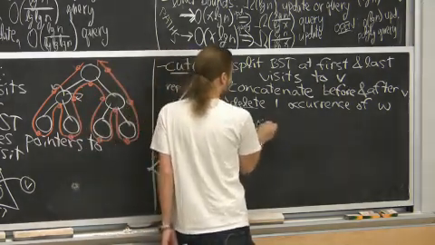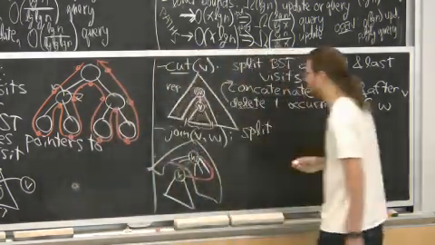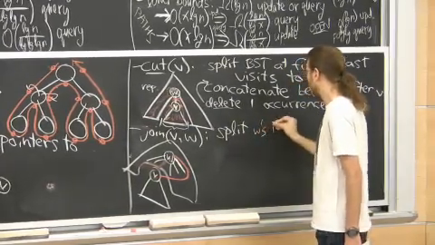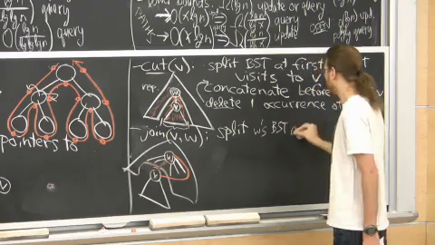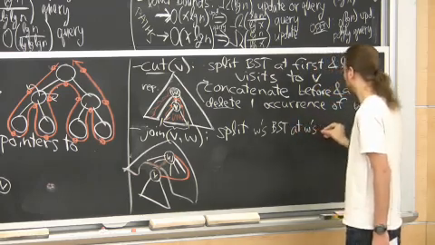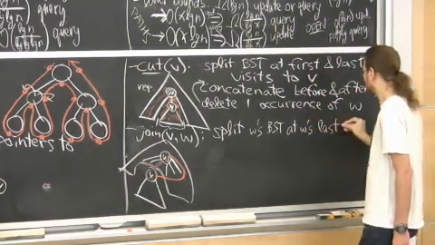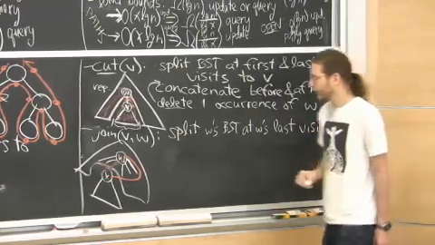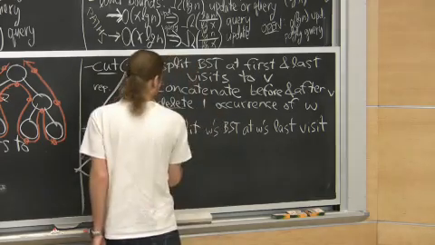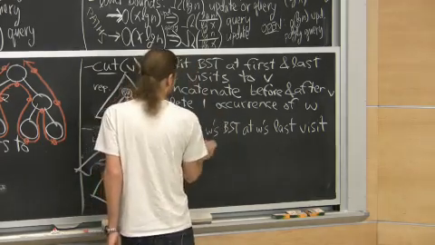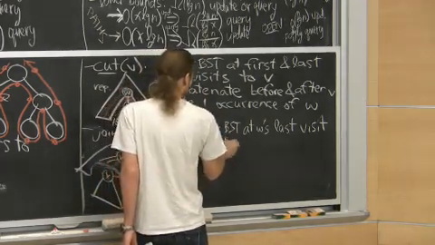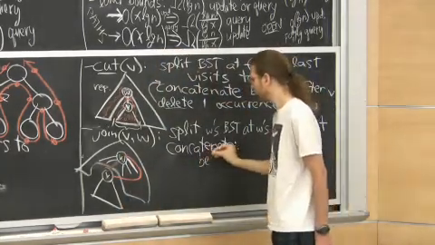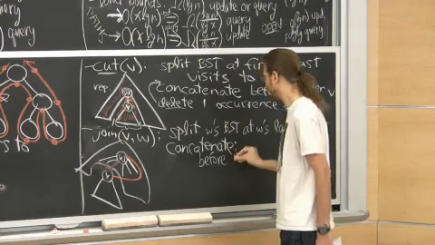So split w's tree at w's last visit. Great. And then we do a mega concatenate. We're going to concatenate basically before w's last visit.